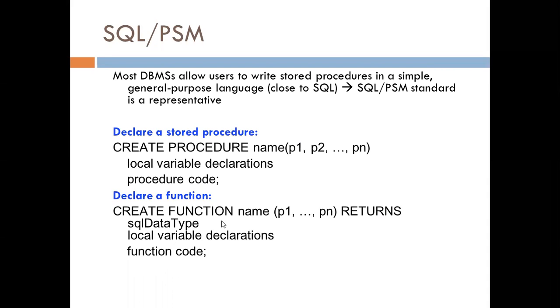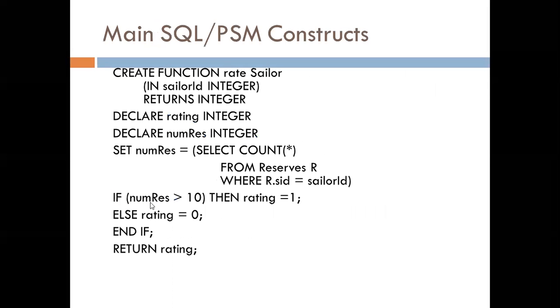Each parameter is a triple consisting of the mode, whether it is in, out or in out, parameter name and the data type. A simple function is create function rate sailors, in sailor id integer, returns an integer.